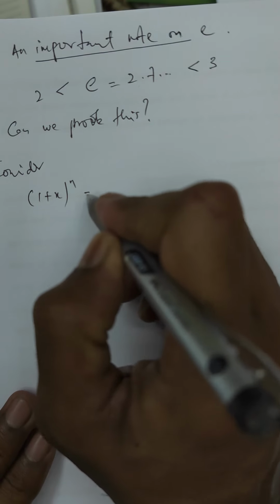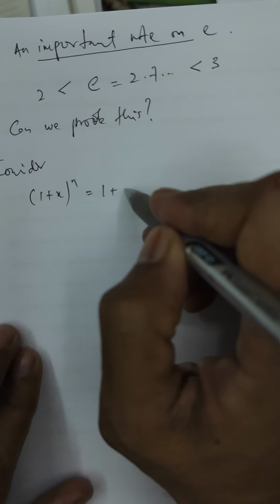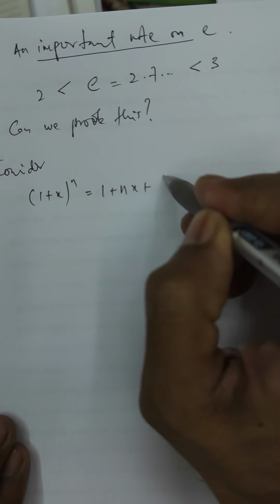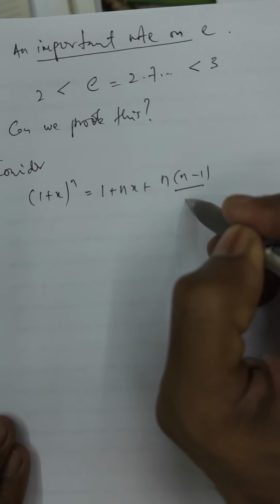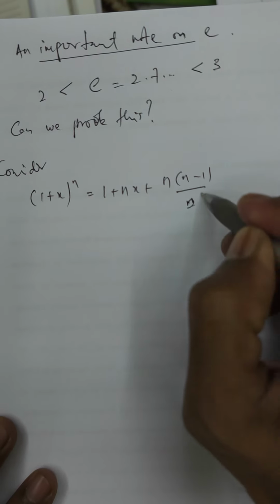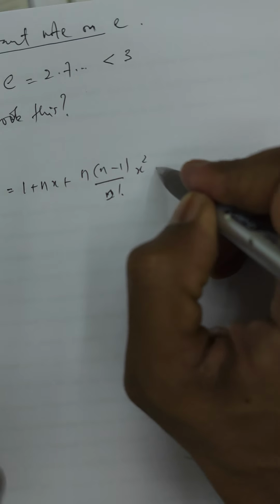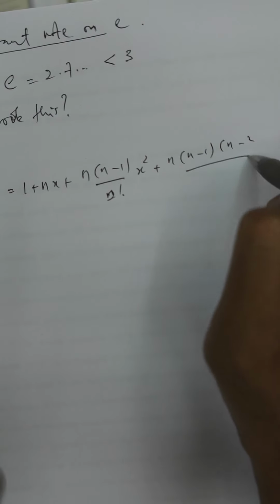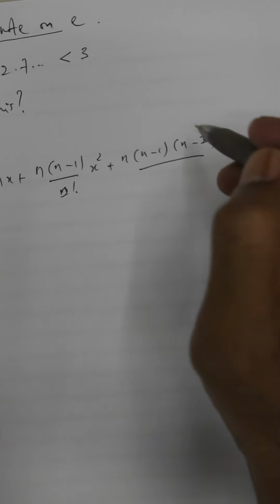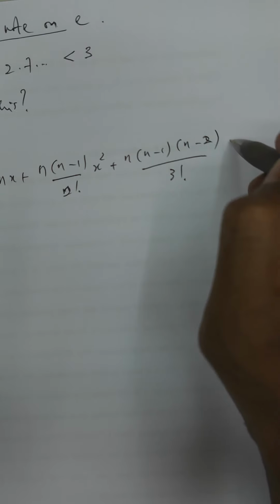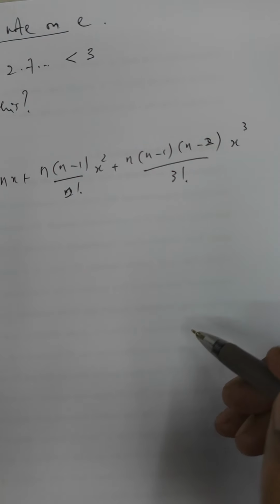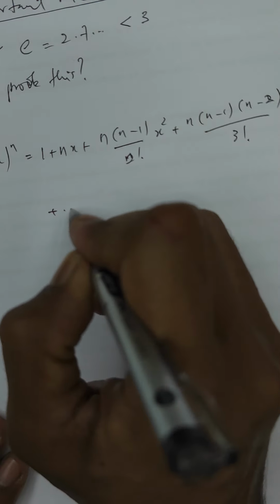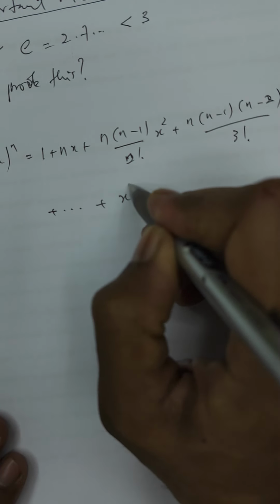We get 1 plus nx plus n(n minus 1) over 2 factorial x squared, plus n(n minus 1)(n minus 2) over 3 factorial x cubed, and so on, up to x to the n.